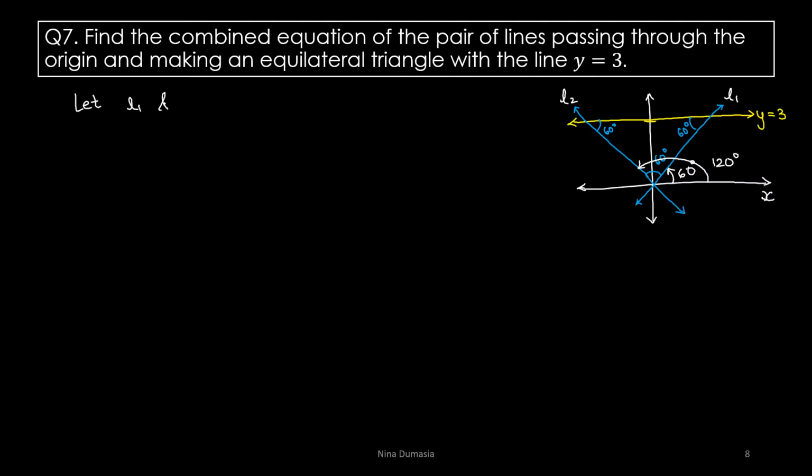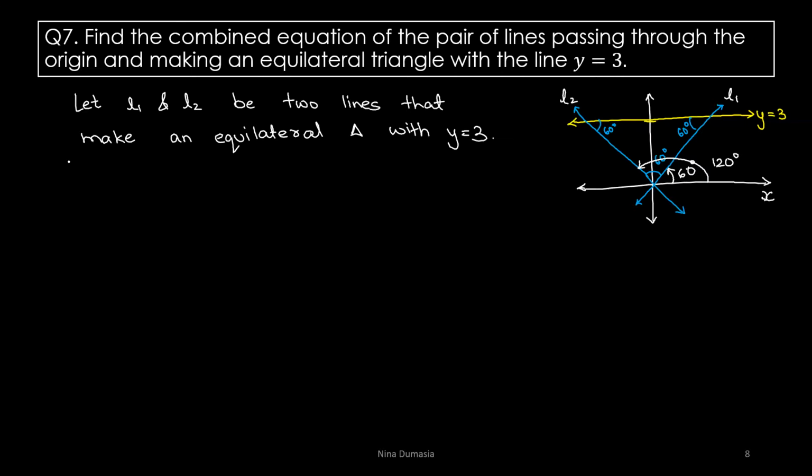Let L1 and L2 be the two lines that make an equilateral triangle with y is equal to 3. Now we can say that L1 has inclination 60 degrees. Therefore, m is equal to tan of 60, and tan 60 we already know is equal to root 3.